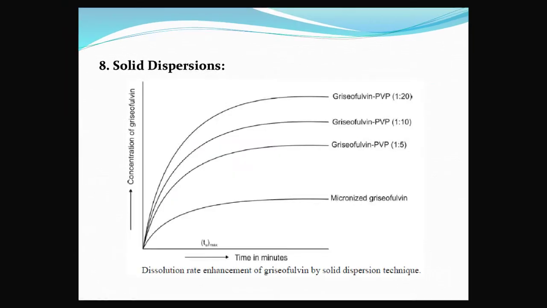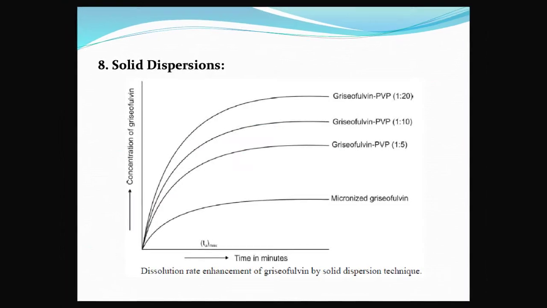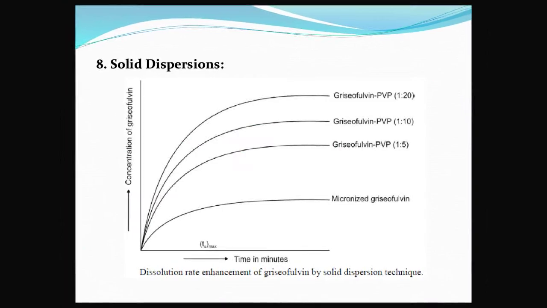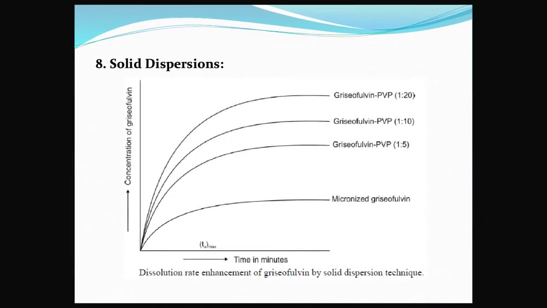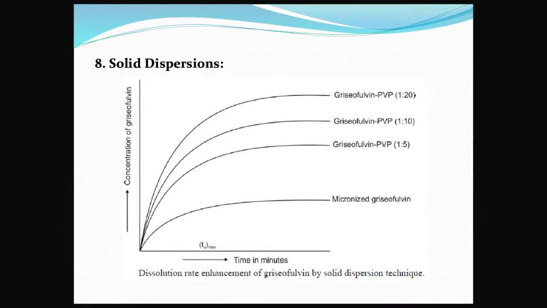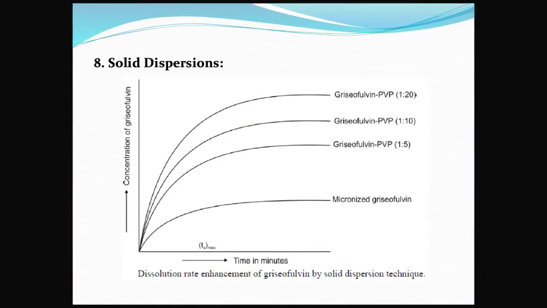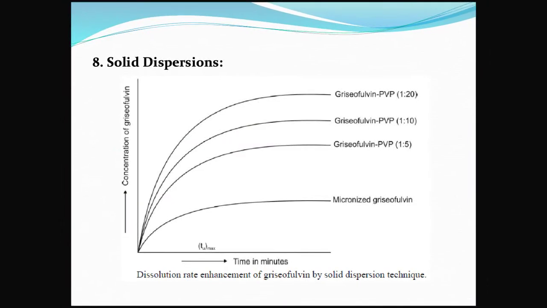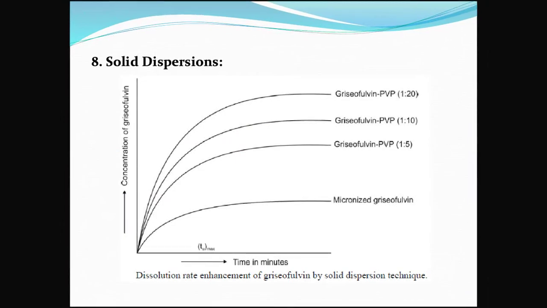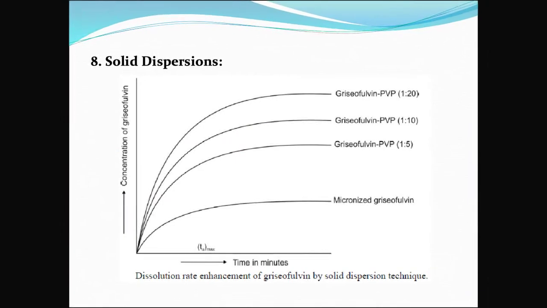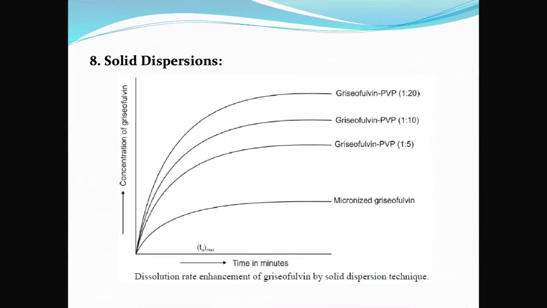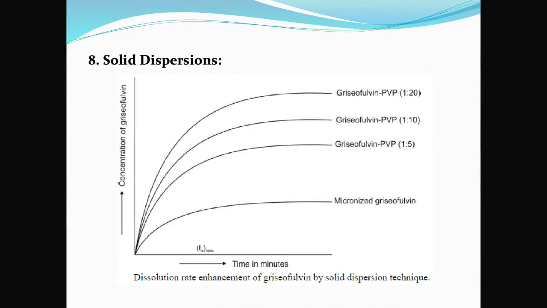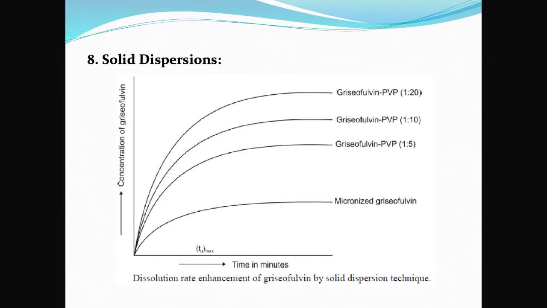Witness the quantitative superiority of solid dispersions as we plot the concentration of griseofulvin against time for 4 distinct preparations. Observe the lowest curve for micronized griseofulvin. Even with an increased surface area, it fails to reach the high saturation levels achieved by the griseofulvin PVP complexes. As we mathematically increase the ratio of the water-soluble carrier from 1 to 5 to 1 to 20, the dissolution rate, represented by the steepness of the initial slope, and the final plateau concentration both escalate dramatically.